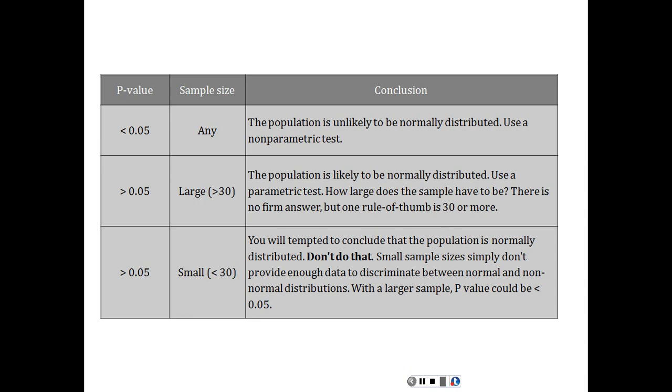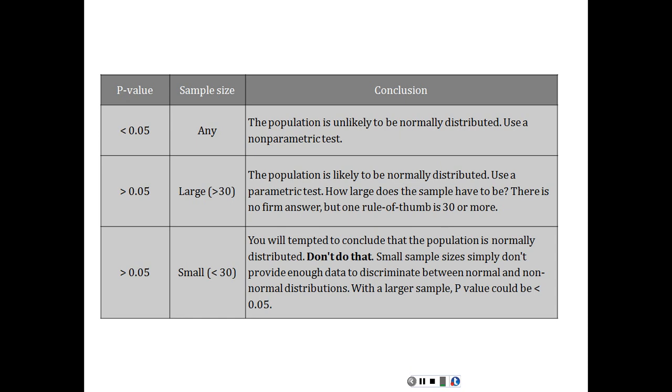If you had a small sample size and your significance ends up being greater than 0.05, you might think, oh good, it's non-significant because it's greater than 0.05. You might be tempted to say that your population is normally distributed. Please do not do that, because small sample sizes do not provide enough data.